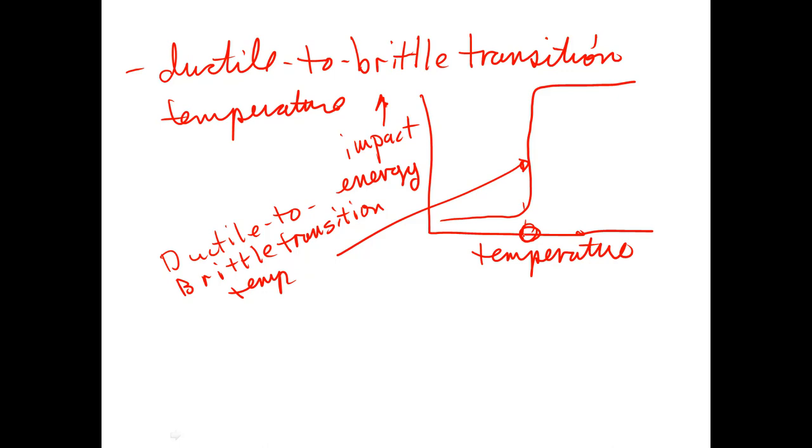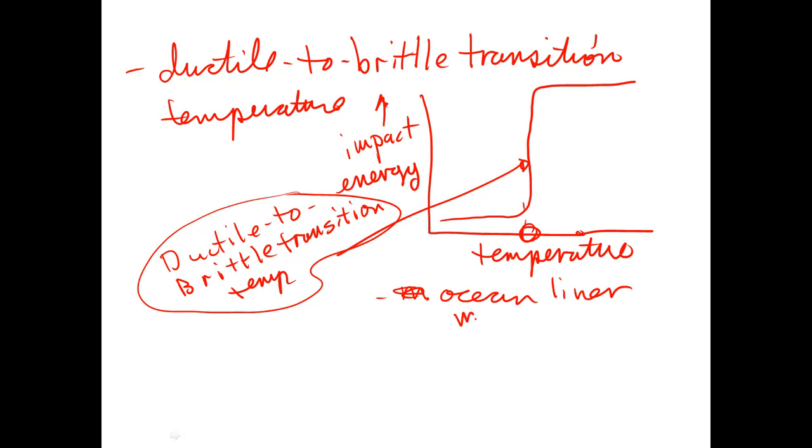And you can imagine for design purposes, this is very important that you understand, especially for those low carbon steels. So it's a well-defined value for many body-centered cubic systems, particularly things like ocean liner materials.